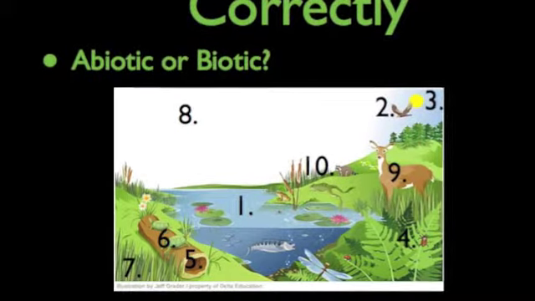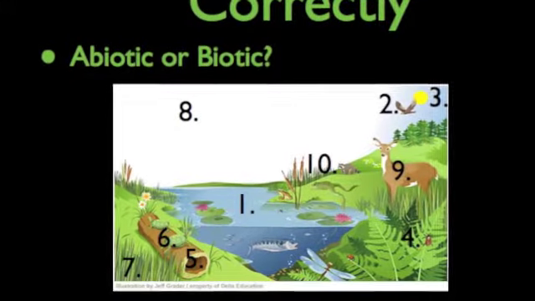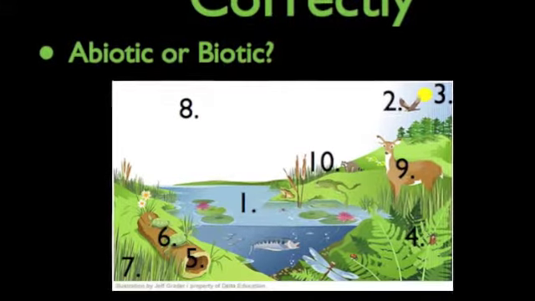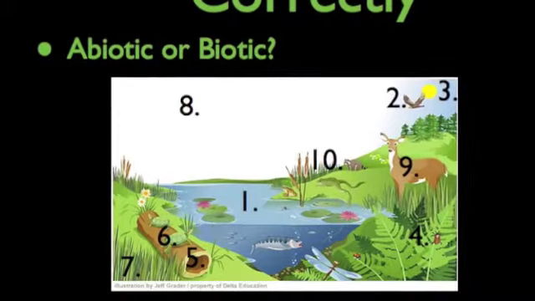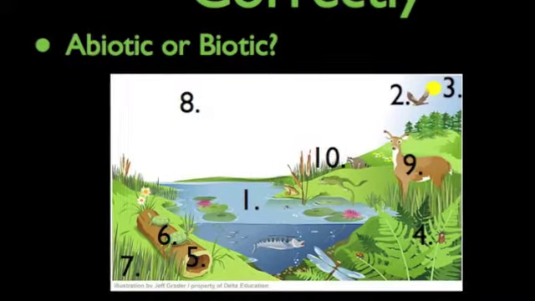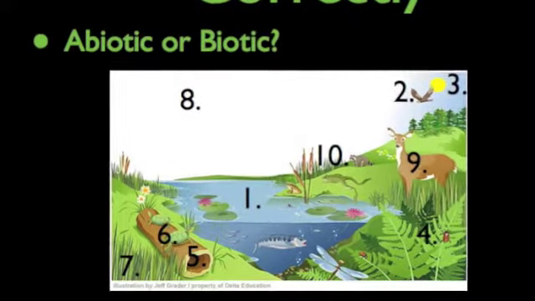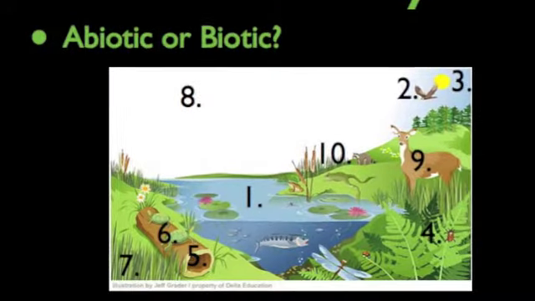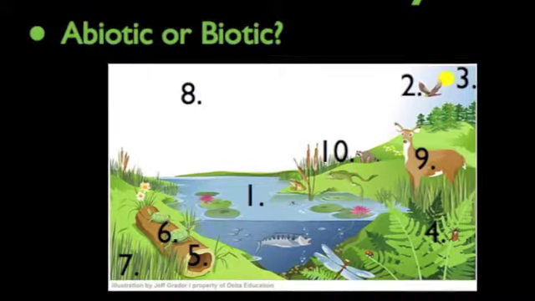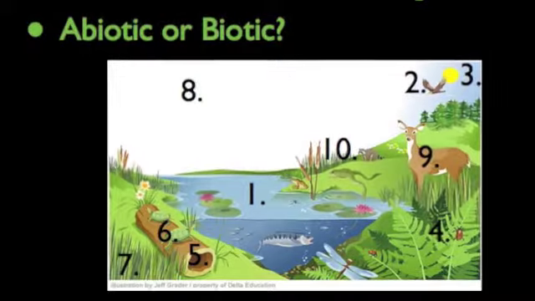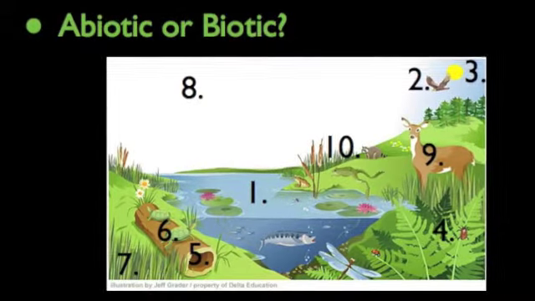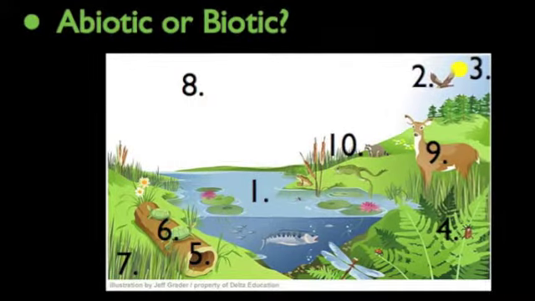So which ones are living and which ones are not living? Your not living, your abiotic factors are going to be number 1, 3, 5, and 8. Everything else in the picture that I have numbered is considered living or biotic.